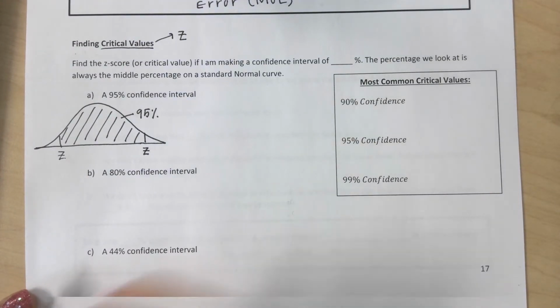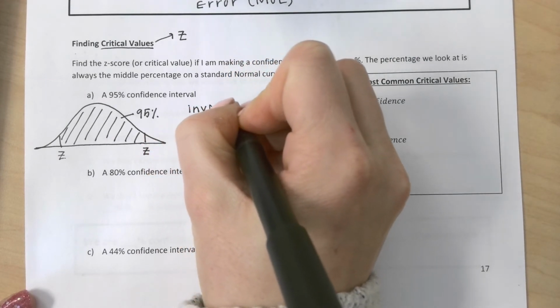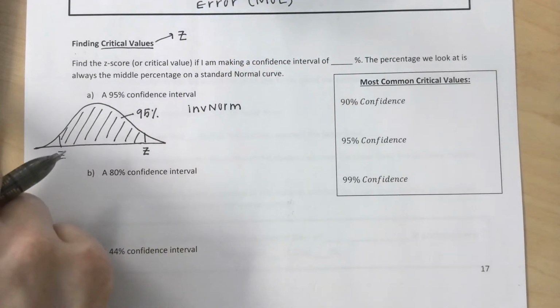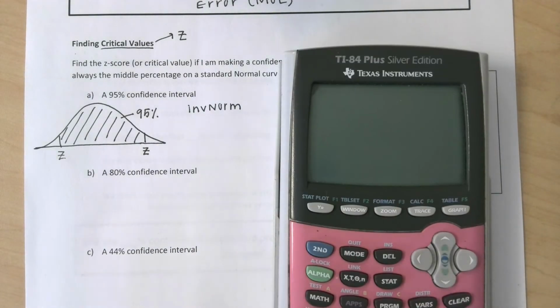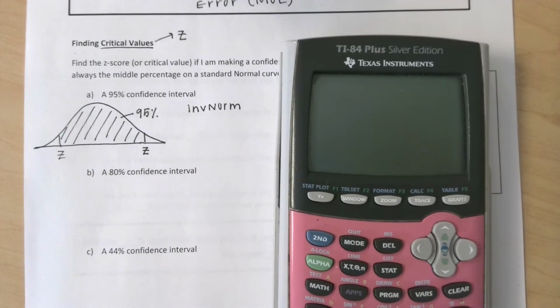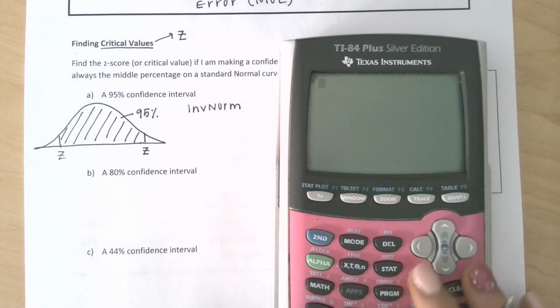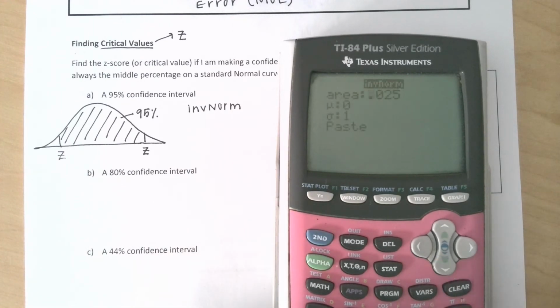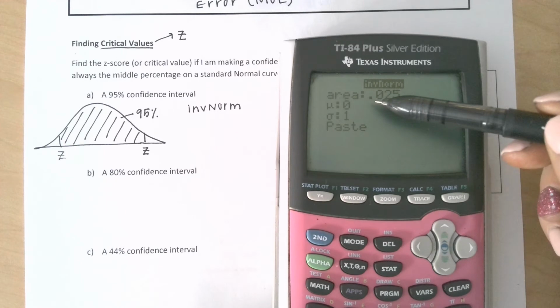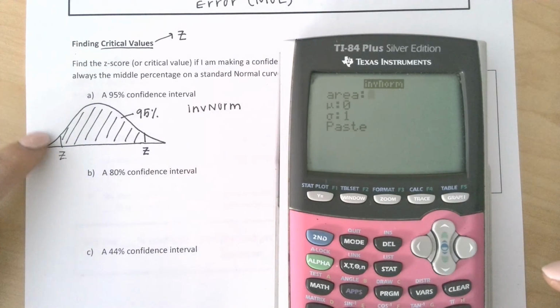Okay, now to find those z-scores, we are going to use our calculator. We're going to use inverse norm, and this looks a little bit different on each of your calculators depending on how new or how old your calculator is. So my older calculator here, when I go to second vars and I go to inverse norm, it just asks me for the area, which means I have to find the area off to this left-hand side.